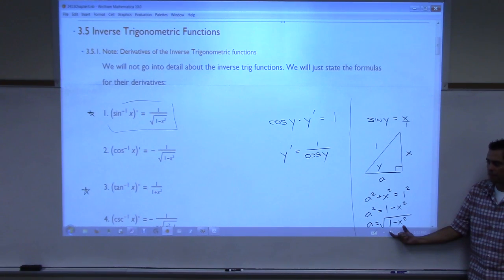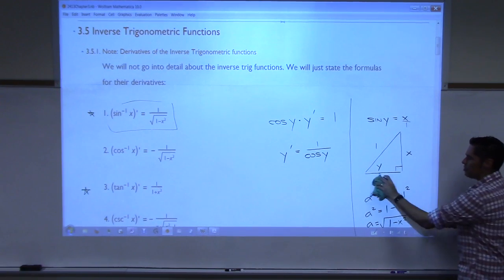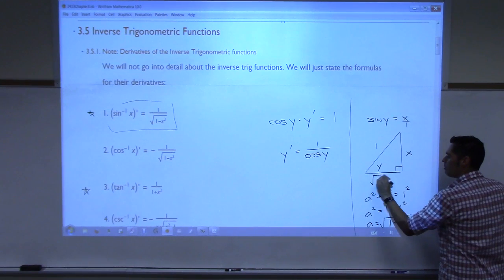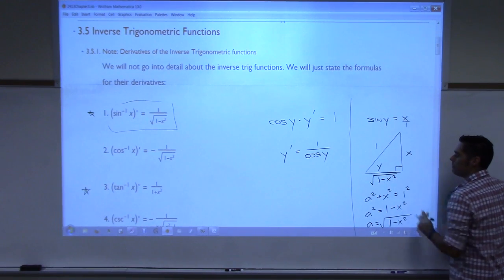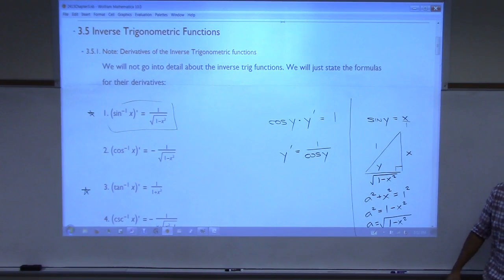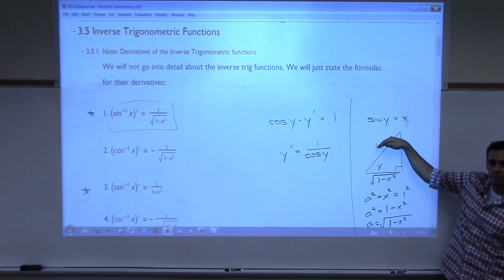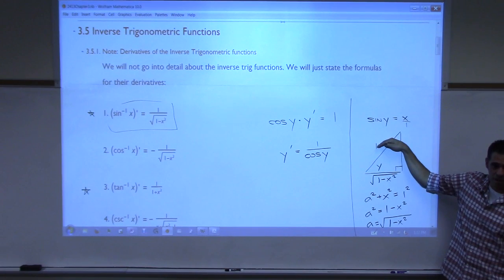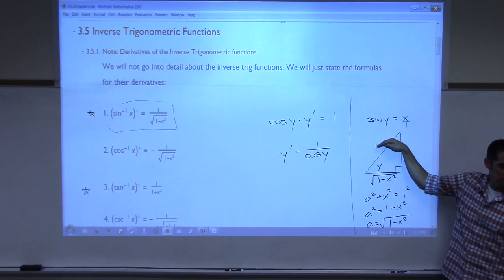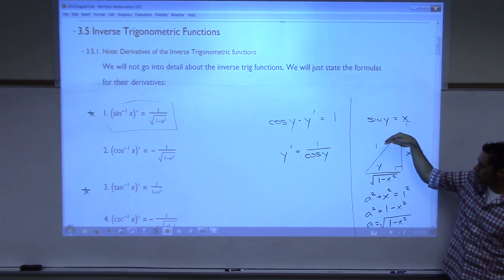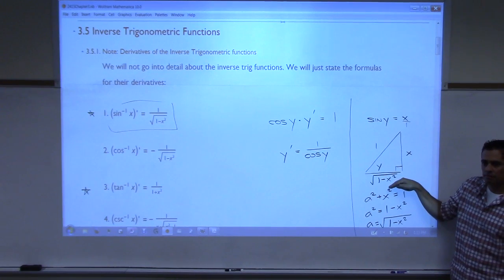You got it? So if this side of this triangle is the square root of 1 minus x squared, then cosine y would be this over this. 1 over cosine y would be the reciprocal. So it would be what? This over this, wouldn't it?